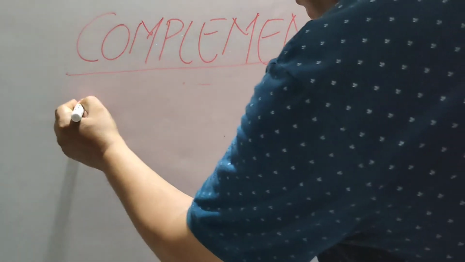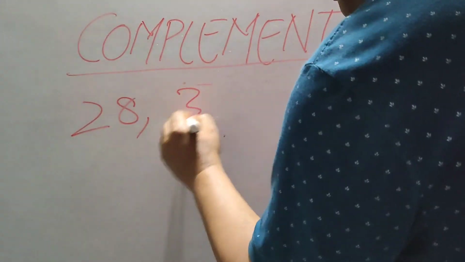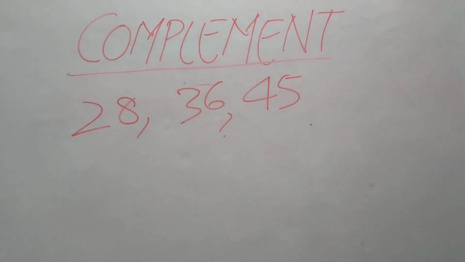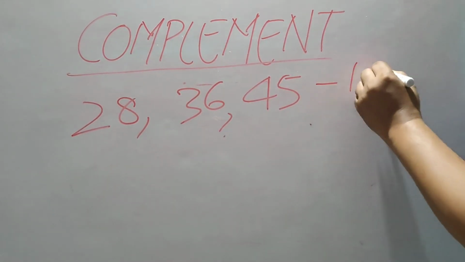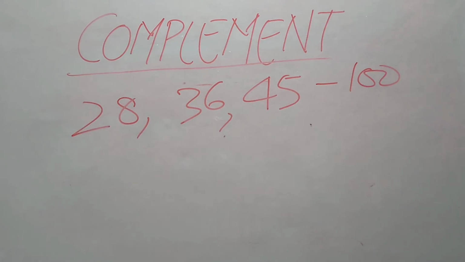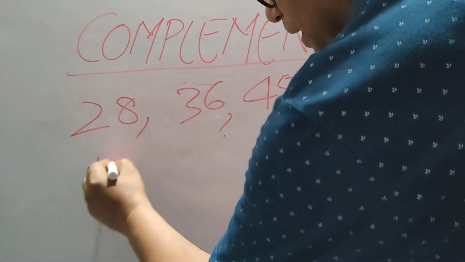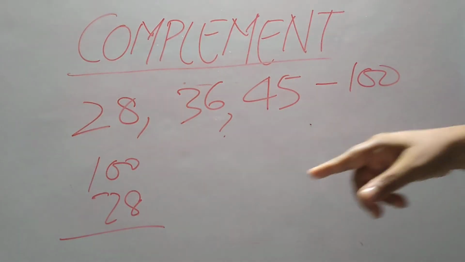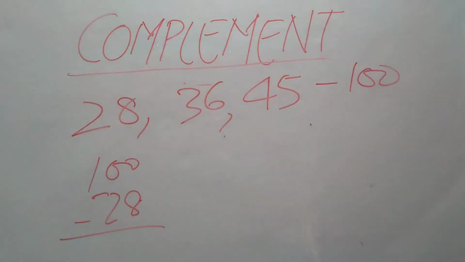Suppose I have the numbers 28, 36, 45 and I have to find the complement of these numbers. So what I will do, I will subtract the number from 100. Right? Now 100 minus 28 will give the complement of this number 28.